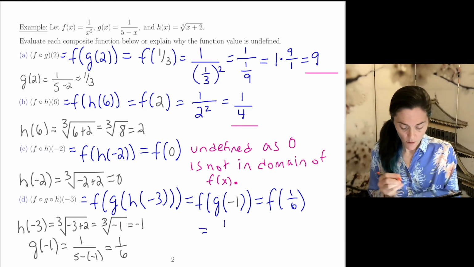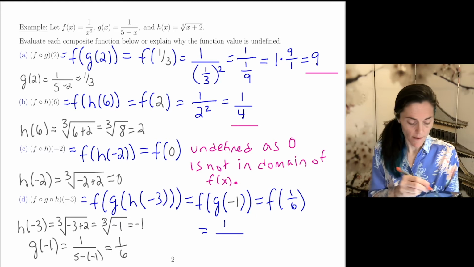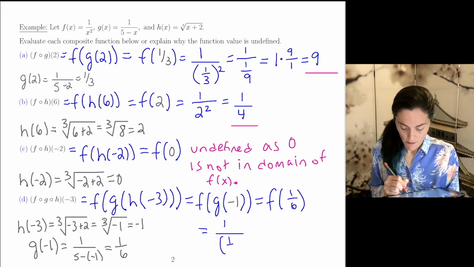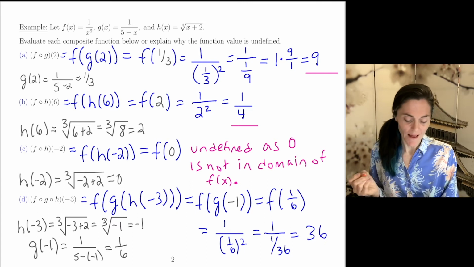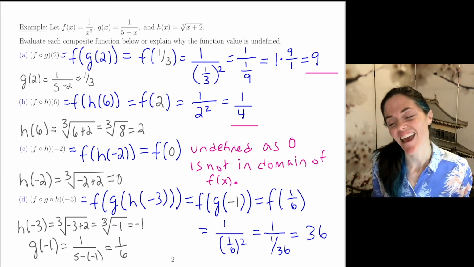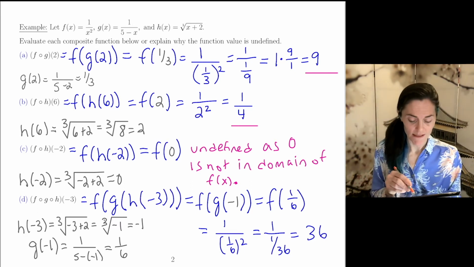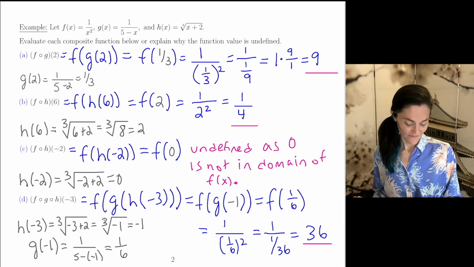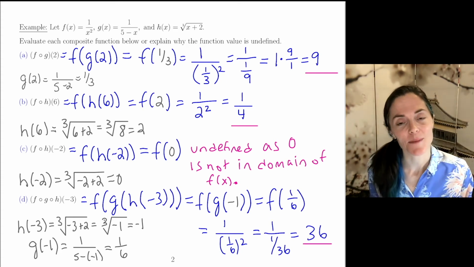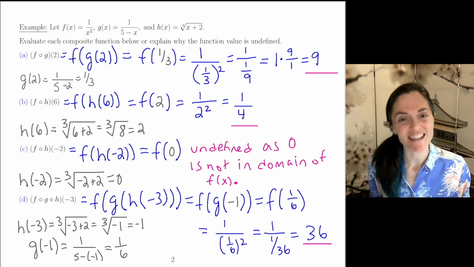So this is 1 over 6 squared, which is 1 over 36. When we invert and multiply, very similar to letter A, we get 36. This will be my answer here. So that one took a number of steps because we were composing 3 functions.